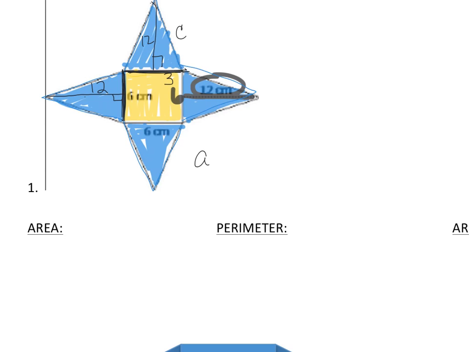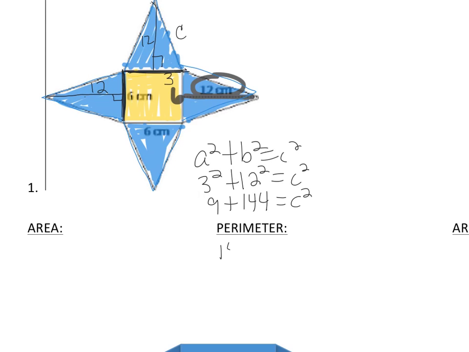So I'm going to do A to the second plus B to the second equals C to the second. A squared is going to be 3 squared plus 12 squared equals C squared. That gives us 9 plus 144, which gives us 153. And then you take the square root of both sides. And so C is going to be equal to about 12.4 if we round.